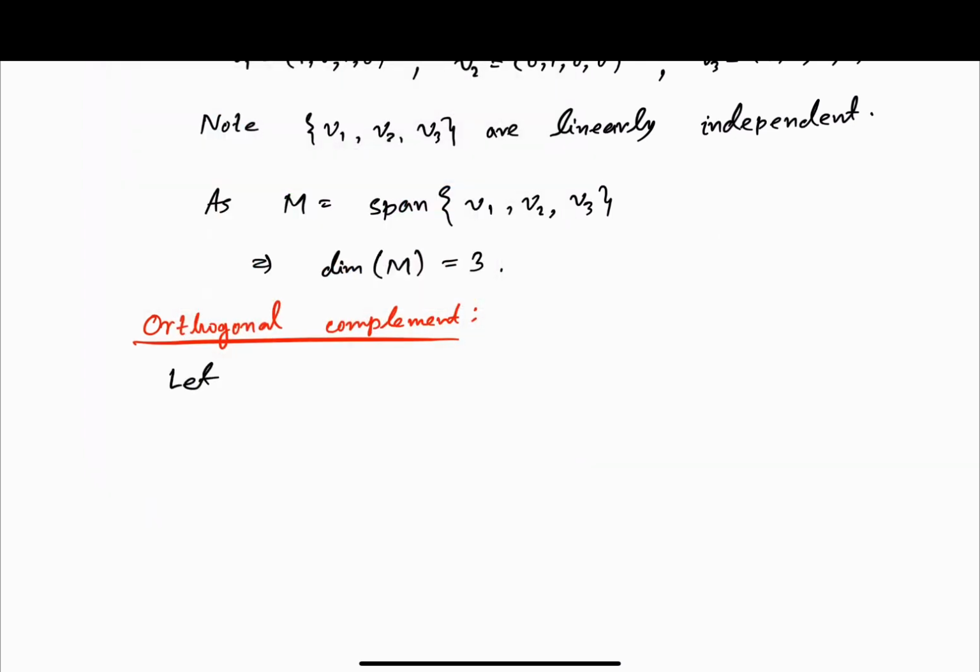Let V be an inner product space. For any set S, we can define the orthogonal complement.